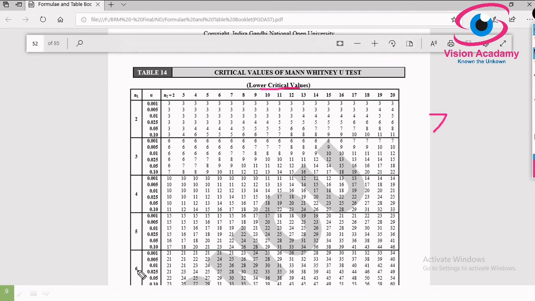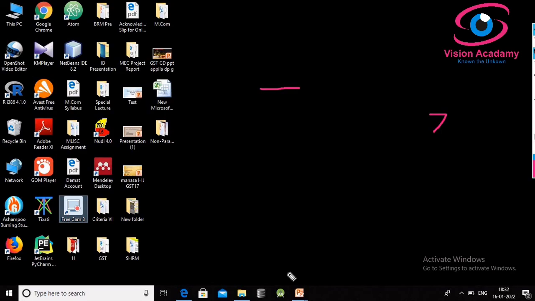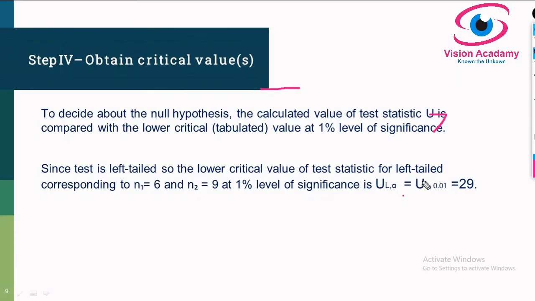So in this problem, we have to compare n1 and n2. Here n1 is 6 and n2 is 9 at 1% level of significance. 1% means 1 by 100, which gives 0.01.